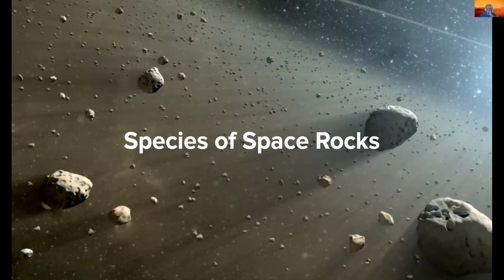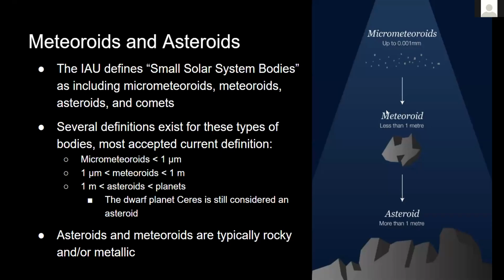All right, so now we're going to go over a few different specific types of space rocks. So the first sort of group of those is meteoroids and asteroids. And there's a few different definitions of exactly what meteoroids, micrometeoroids, and asteroids mean.